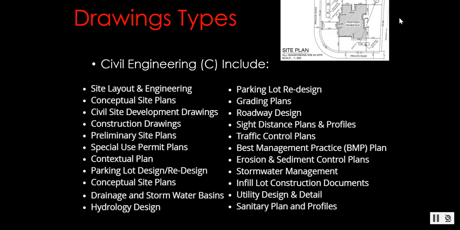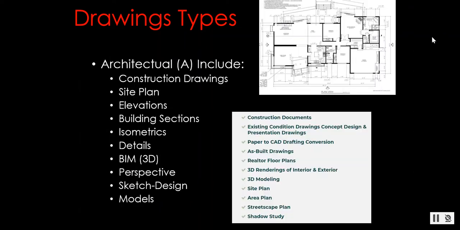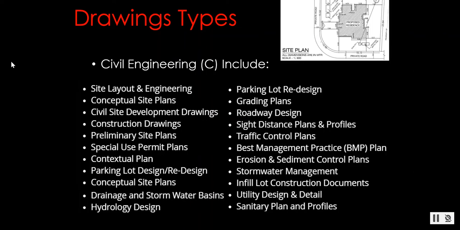Now, the civil engineer. Imagine being a bird up in the sky. They are dealing with the entire raw land, everything about the site and the layout, even parking lot design, drainage, hydrology, and grading.